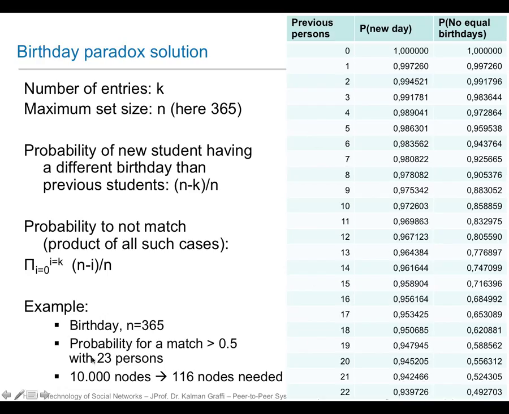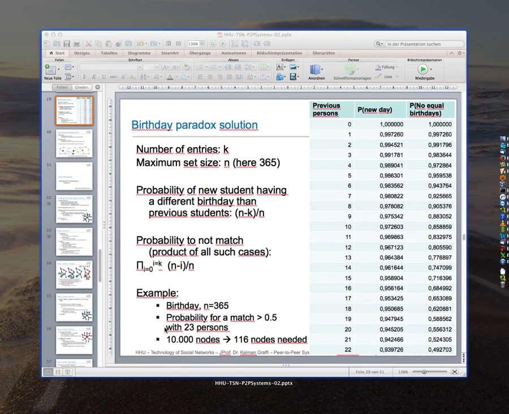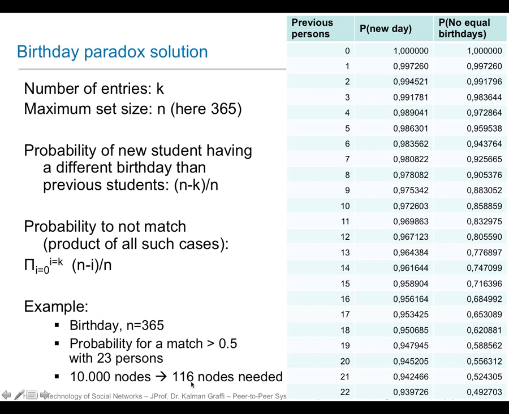For example, if we had 10,000 nodes, how many nodes would we have to have a match? It's around 116. And if you scale this up, it's roughly the square root of the number. So it's a little bit off. For 365, I think it's 18, so we have 5 more. And in this case, it would be 100. It's a little bit off, but it's roughly the square root, yes?